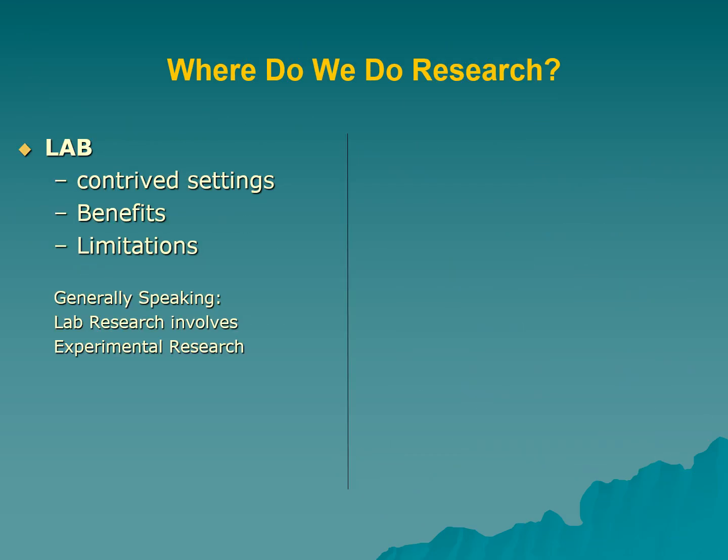Where do we do research then? Of course, we can do research in the lab in contrived settings. The benefit of doing research in the lab is that we can manipulate essentially all parameters to our desire. However, there are limitations.